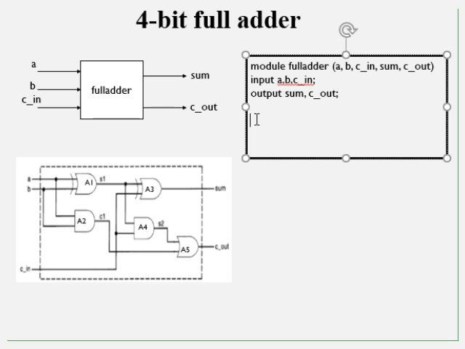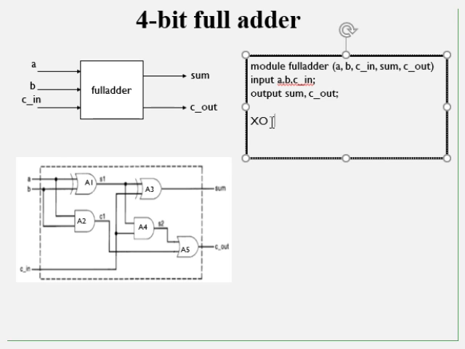Now the first instantiation, let me take the first gate. The instantiations are: there are 2 XOR gates, 2 AND gates and 1 OR gate. All are 2 input gates.